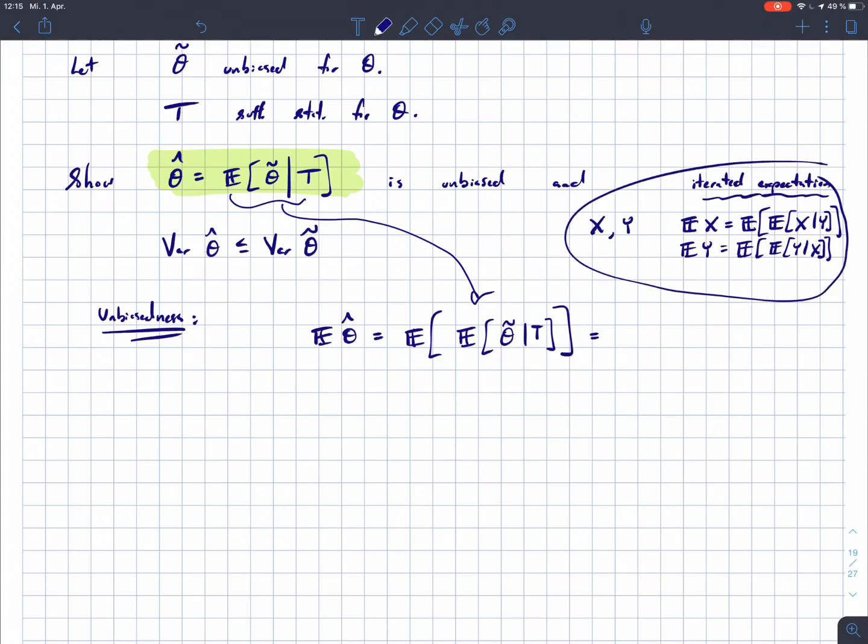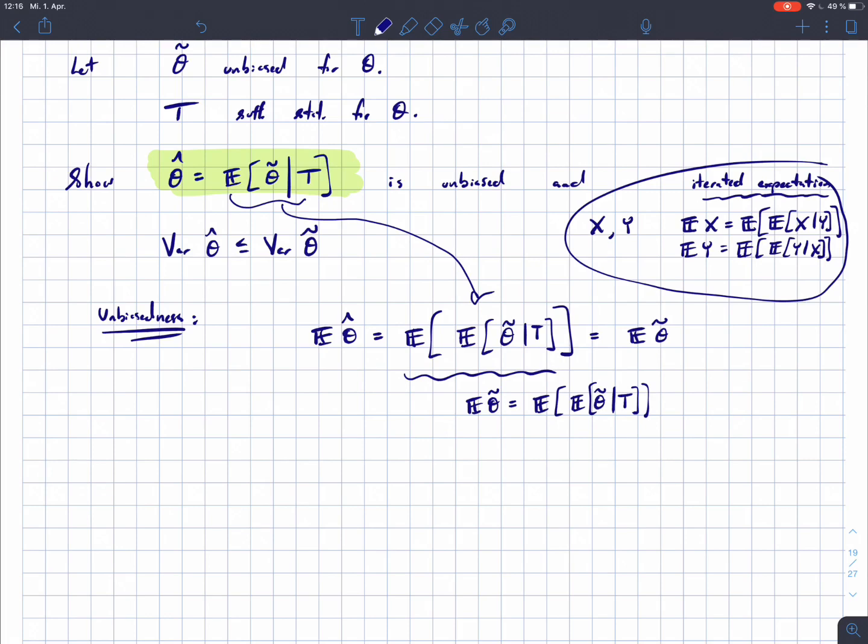Okay, this was called iterated expectation. And so this is really just the expected value of theta tilde, because I can write the expected value of theta tilde as the expected value of the conditional expectation of theta tilde given some other random variable t.